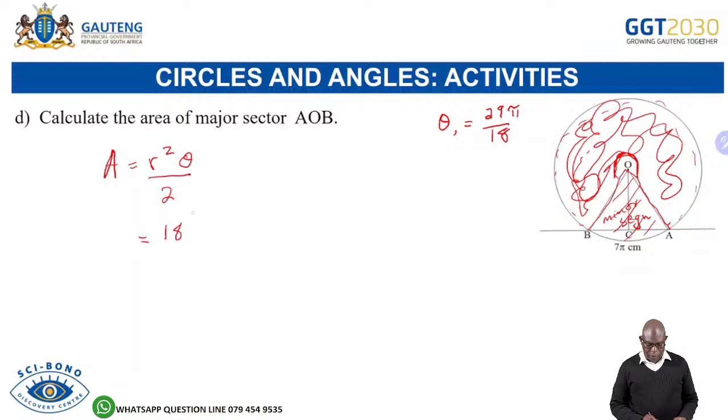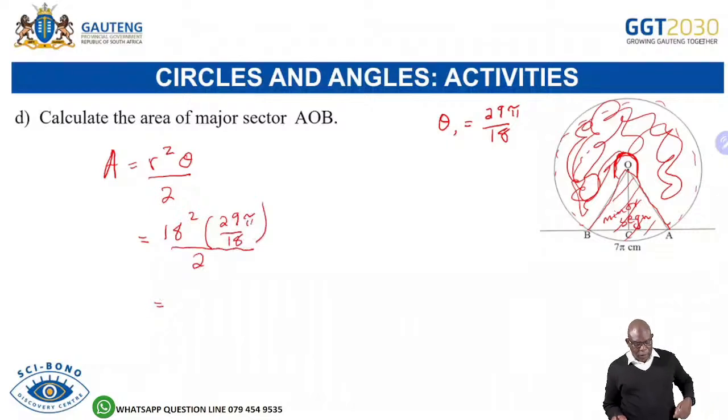I already got my radius. My angle is going to be 29 pi over 18. Everything is divided by 2. If I take my calculator and say 18 squared, open bracket 29 pi over 18, all divided by 2, the answer that I'm going to get is 261 pi.